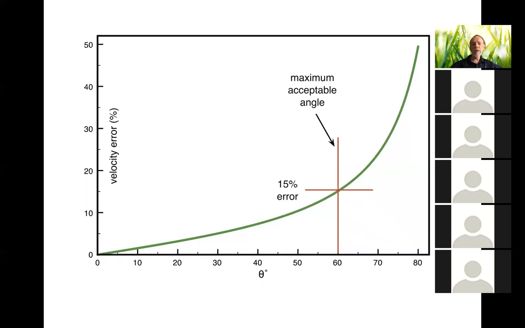And that's pretty much the upper limit of what is acceptable in a measurement like this. So there is a general consensus, therefore, that you should not make measurements from Doppler signals that have been obtained at angles greater than 60 degrees. In other words, 60 degrees is about the biggest angle you should be using.